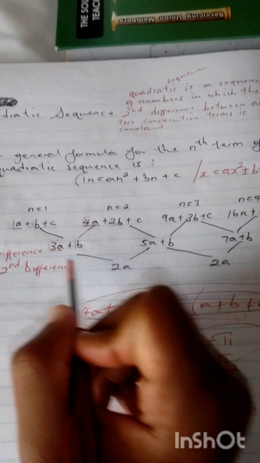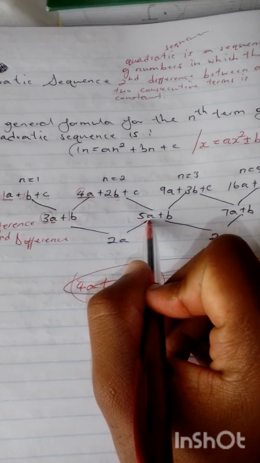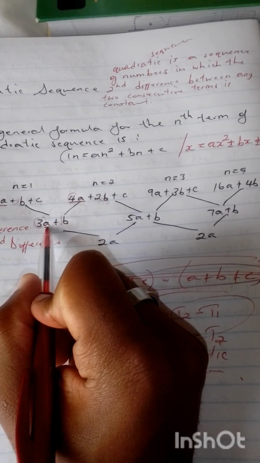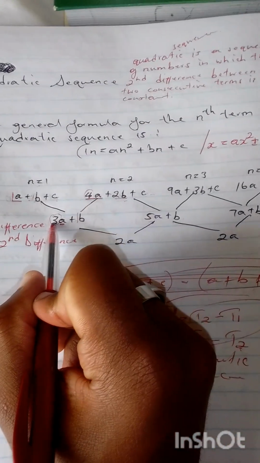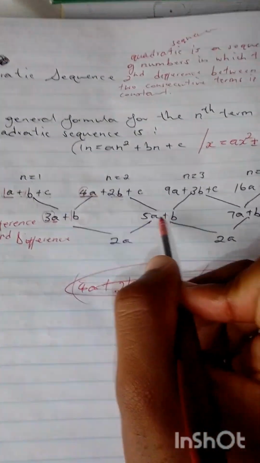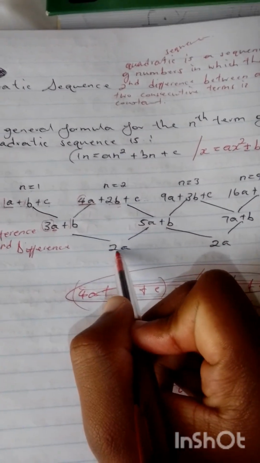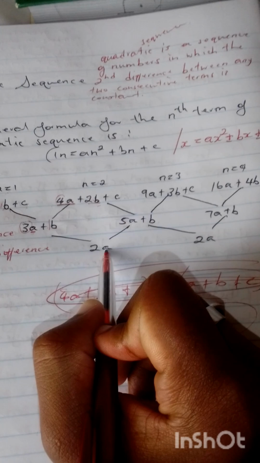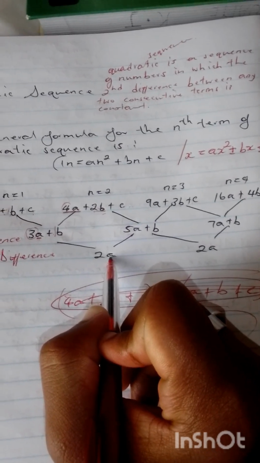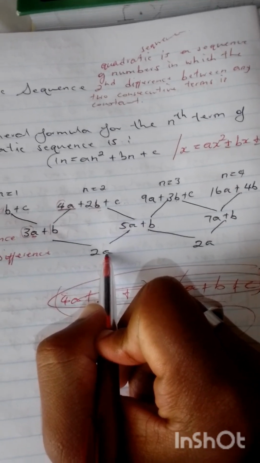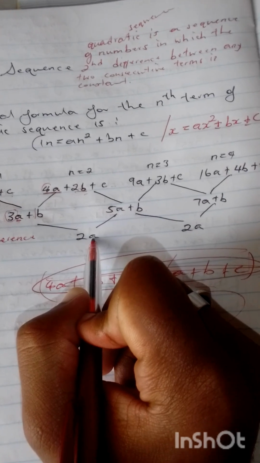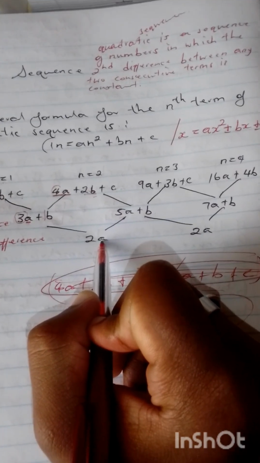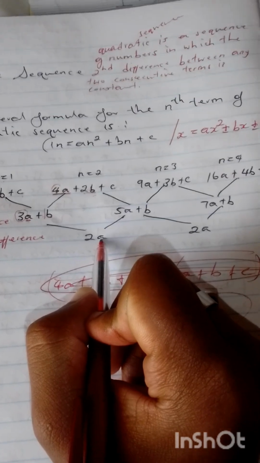Now, 5a minus 3a. Remember, 5 minus 3 is 2. Then because we are having the same variables, we're going to have a variable a there. Remember, we're only able to subtract and add if we have coefficients that have the same variables.